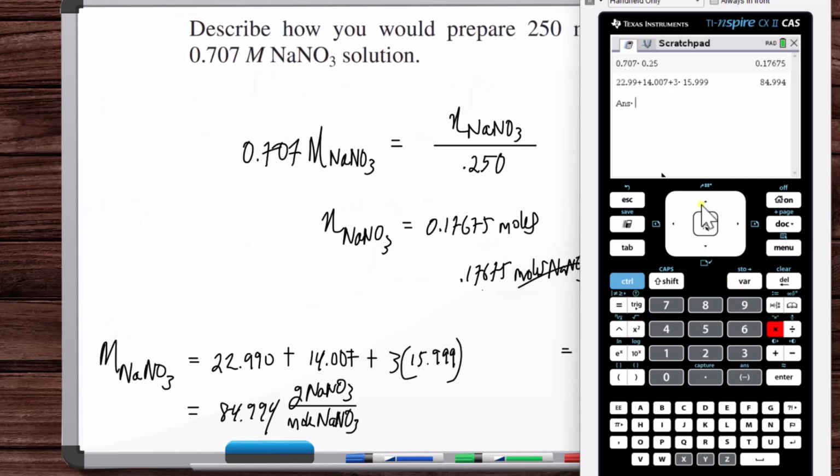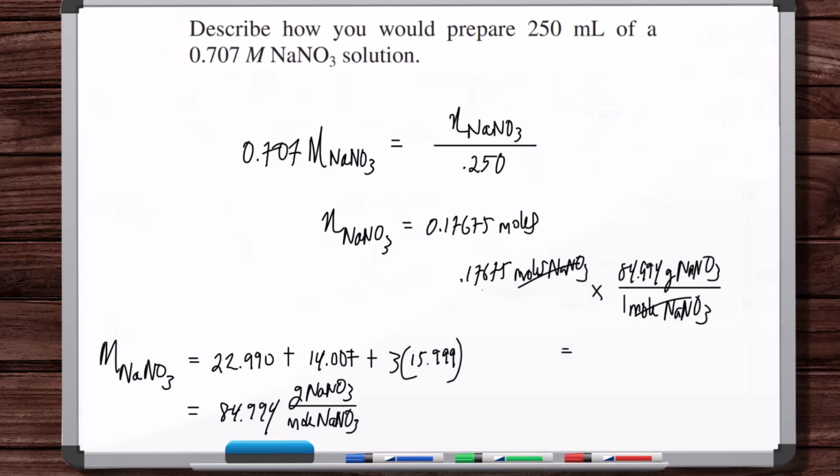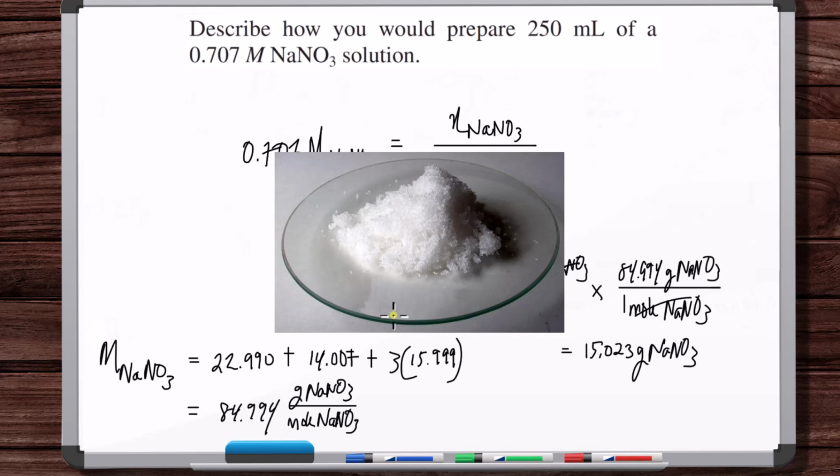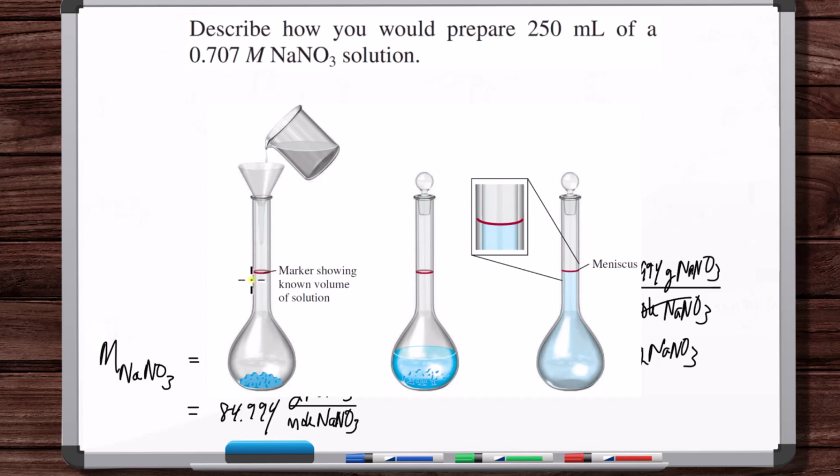So that gives 15.023 grams. Now, to prepare this solution, we would weigh out this many grams of sodium nitrate, then get a volumetric flask, put a marker at 250 milliliters, and put the sodium nitrate into the flask. Add a little bit of water, start sloshing it around, add a little bit more water, and slosh the solution around until you get all of that solid dissolved. Then just add whatever remaining water you need up to the marker.